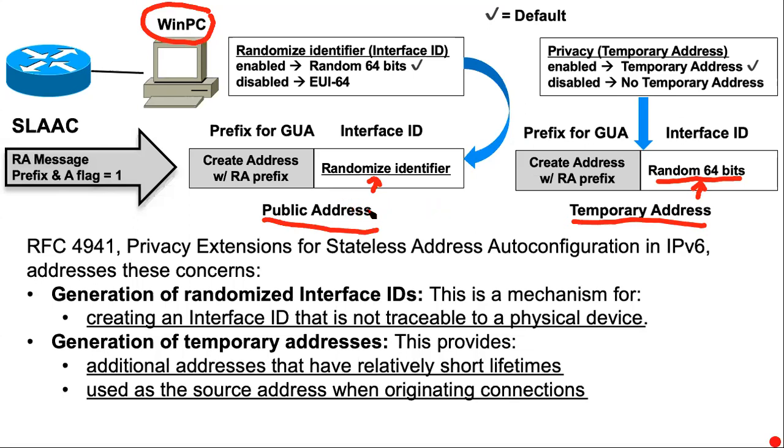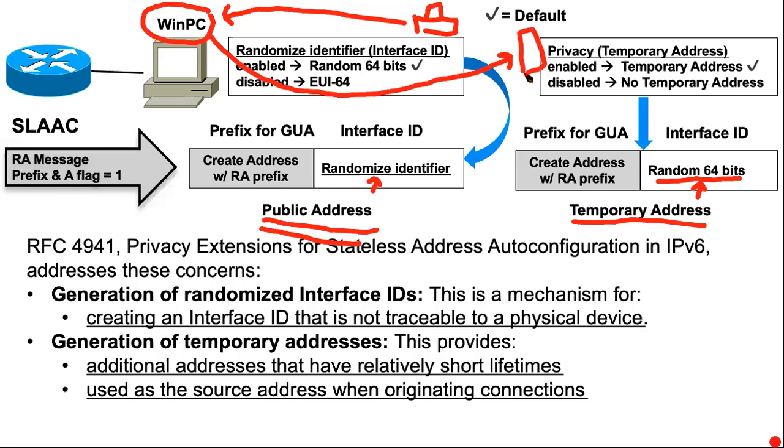Any devices wishing to connect with WinPC are going to use the public address, because that's not going to change, at least during this connection period. However, anytime WinPC initiates a connection with another device, say a server over here, it's going to use its temporary address. And that's going to be changing.